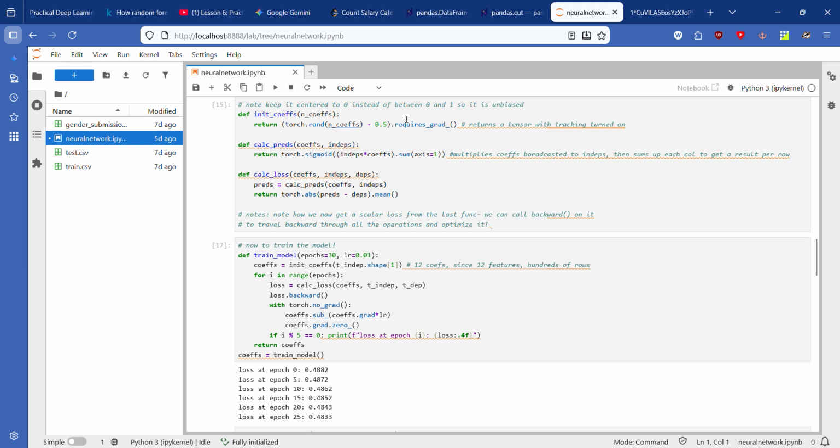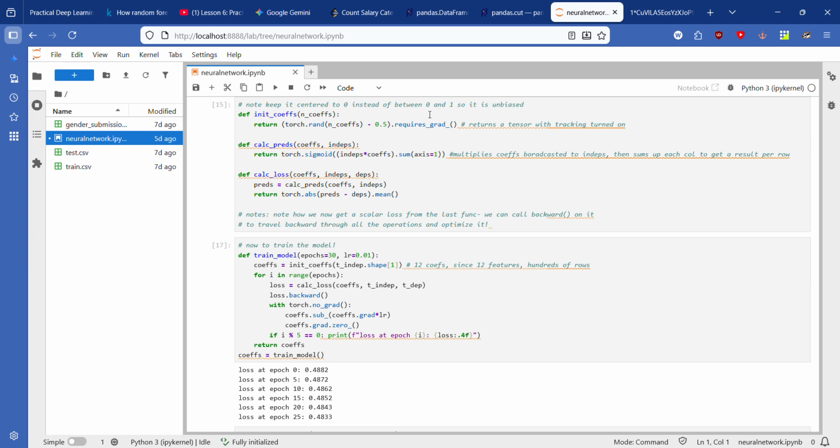But I just want to say that it's really mind-blowing that we're completely randomly choosing numbers for our initial matrix. We have n coefs, which is how many features, so it would be 12 in our case. So we're going to have a row of 12 completely random numbers centered around 0, and that's why I subtracted 0.5, so it's centered around 0 instead of 0.5, because by default it randomizes between 0 and 1.